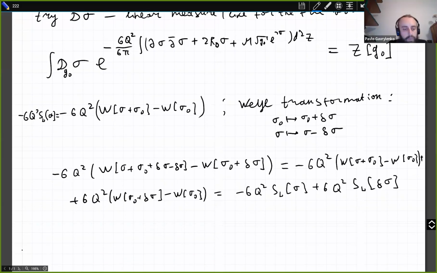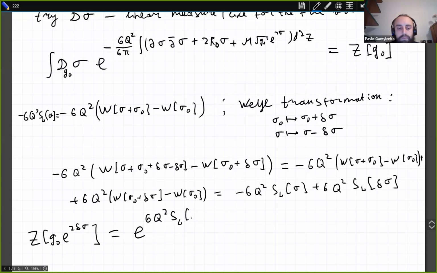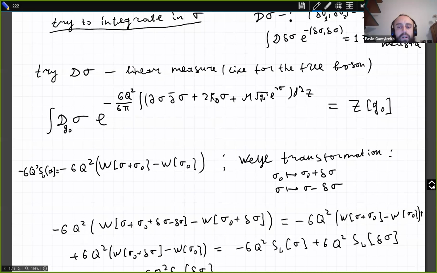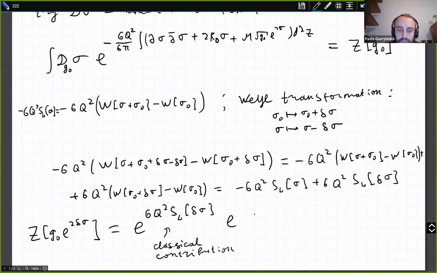So we can now say that if we compute this partition function of g0 times e to delta sigma, then it will equal the classical contribution times the quantum contribution, because we decided that this measure is linear.